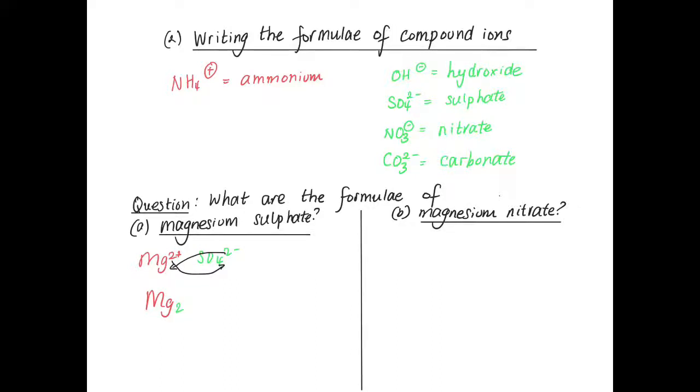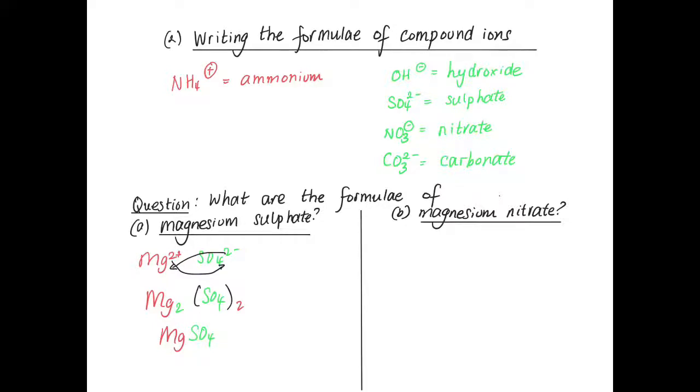And because the sulfate is a compound ion, we're going to put it in a bracket. So we're going to put a bracket in, and it's going to be SO4, close the brackets, 2. But because in chemistry we want to keep things simple, and these numbers are equal, 2 is the same as 2, it cancels down. So the formula of magnesium sulfate is MgSO4.